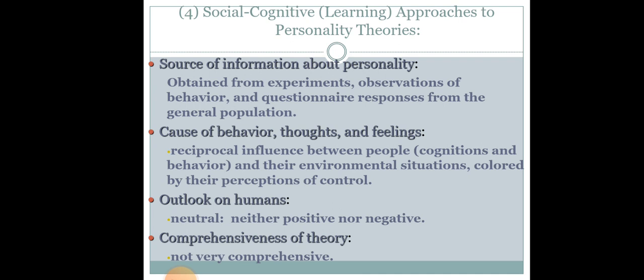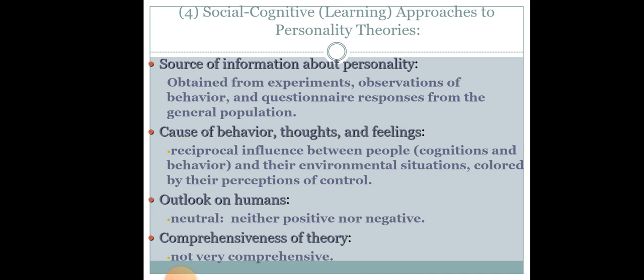Let's talk about the social cognitive. The social cognitive here is the last thing we're going to talk about. The source of information about personality is obtained from what? Obtained here from the experiments that you lived before, observations of behavior.